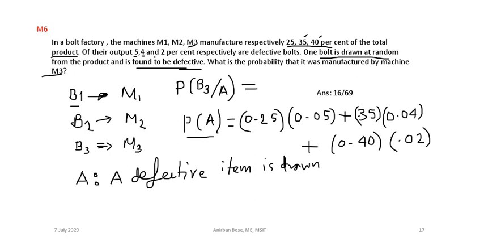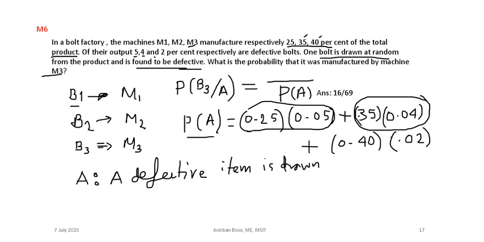Now we use the Bayes theorem. The denominator is the total probability P(A), that means this summation result. In the numerator, what do we write? The contribution from machine 3, because you have to find the probability that the bolt came from machine 3. This is the contribution from machine 1, this is the contribution from machine 2, and this one is the contribution from machine 3.